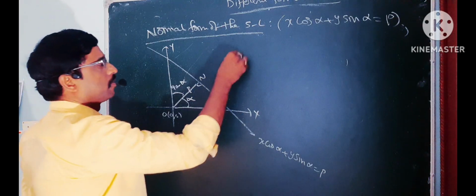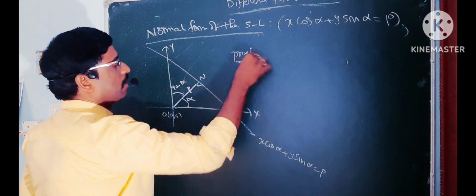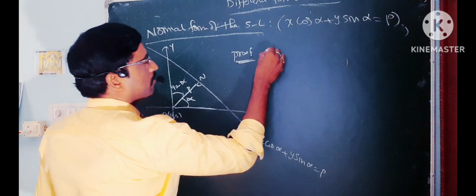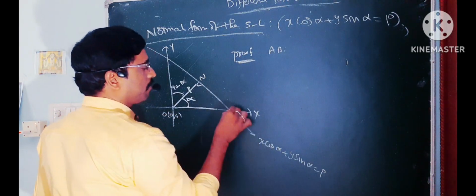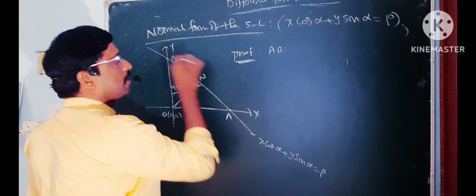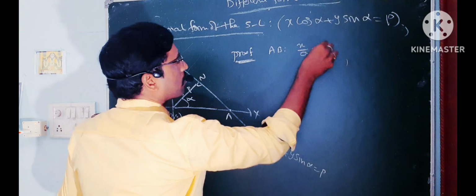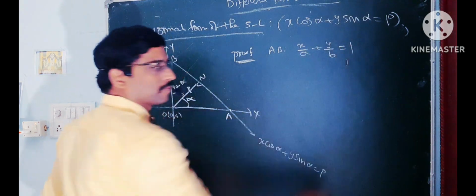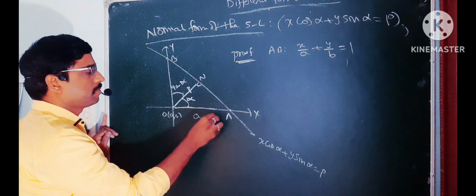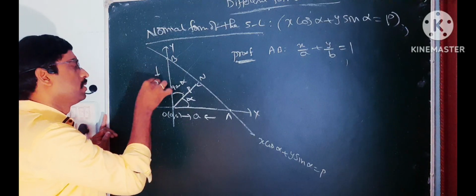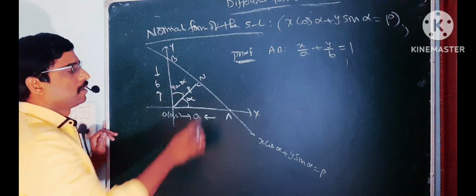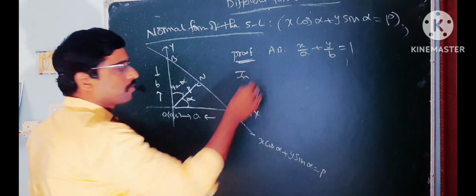Now I explain the proof. I am taking the equation of AB in intercept form: x by a plus y by b is equal to 1, where a is the x-intercept and b is the y-intercept. In the triangle, how to find the values of a and b?